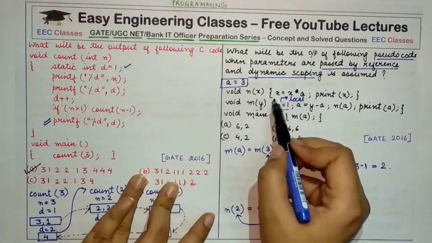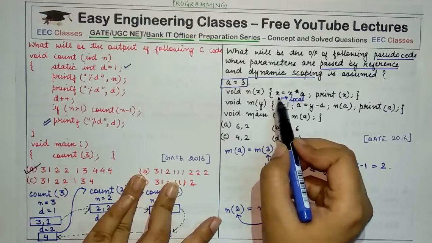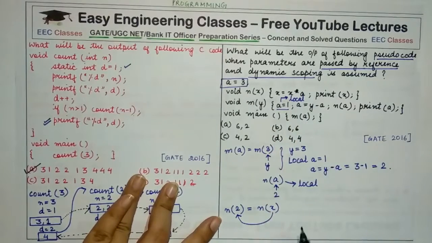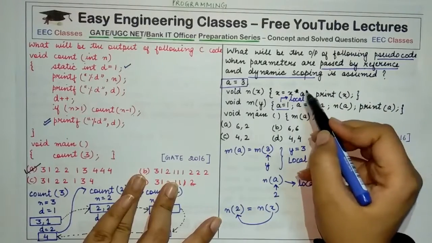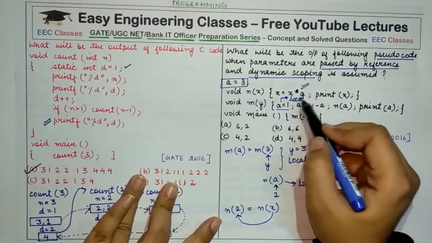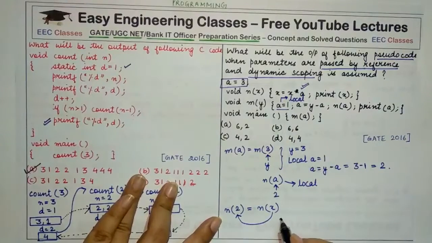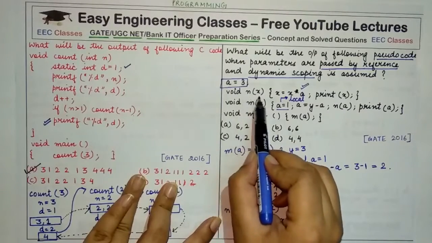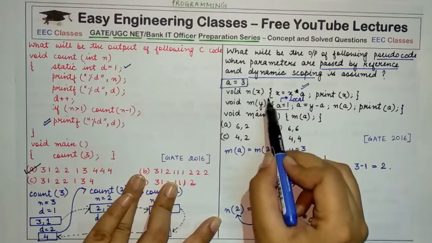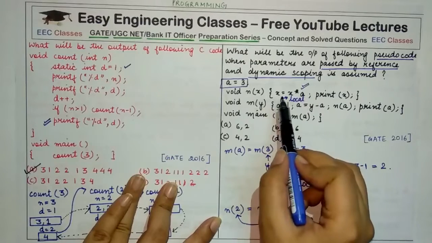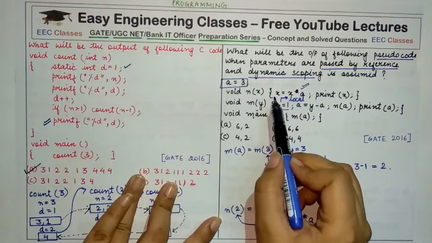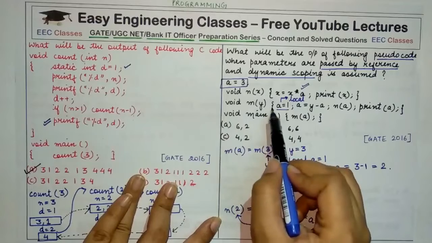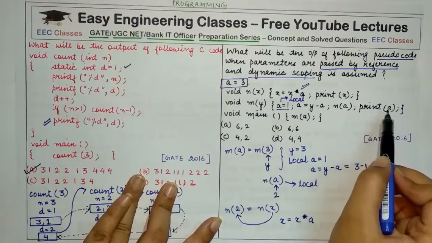Now inside the n function we have a statement x equal to x into a. Both these concepts are being used in this statement, so this is a very important statement. When we are writing x equal to x into a, first of all, since the function n does not have the variable a defined inside it, it will look for the calling function and find out if a was defined there.